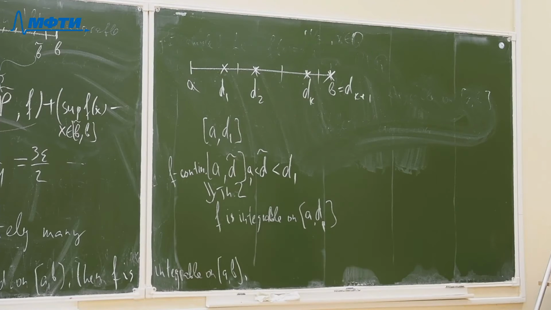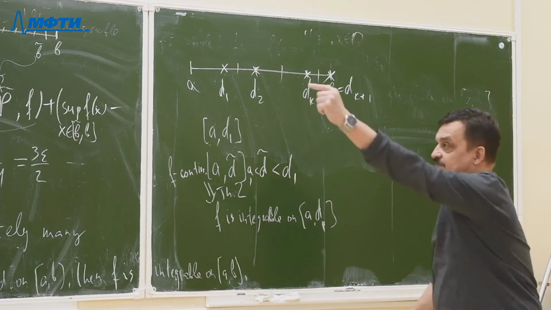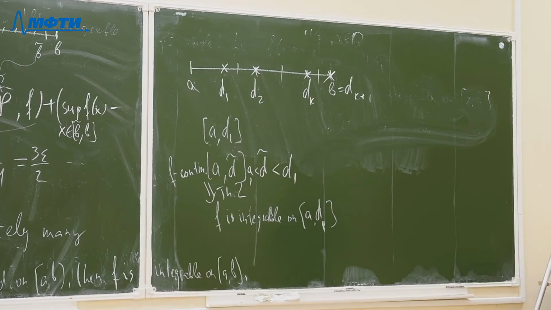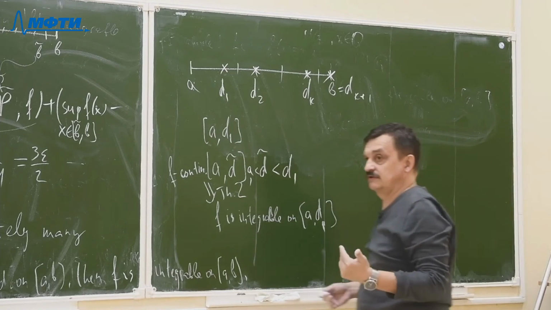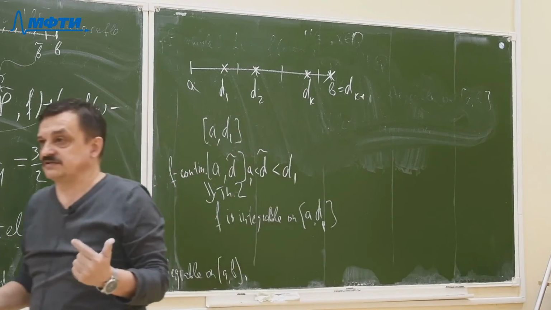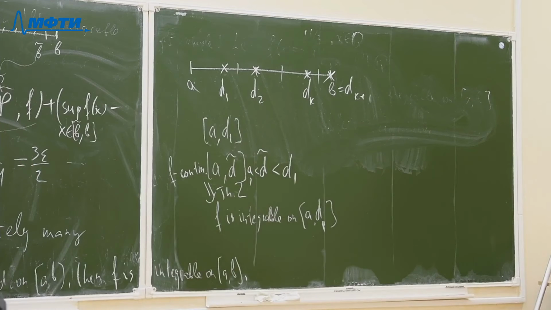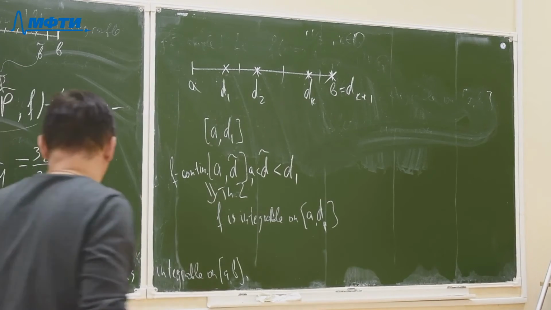That's it. With the help of that corollary, I can now give you an example which shows that the conditions of Theorem 1 are very essential. So, one more example.